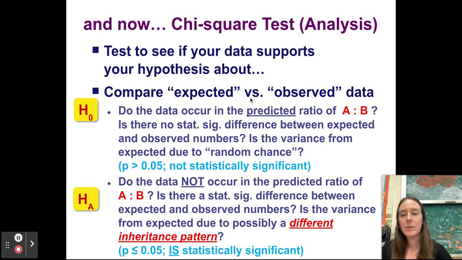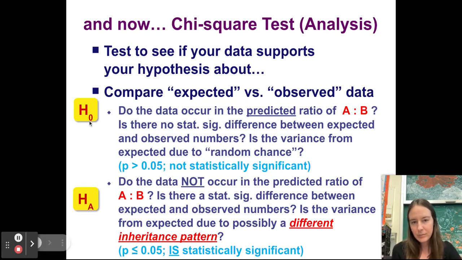So whenever we're doing Punnett squares, we can think about genotypic and phenotypic ratios. And so usually our null hypothesis, or H naught, is this. The null hypothesis is about the data that we actually collect from the experiment, in the predicted ratio.